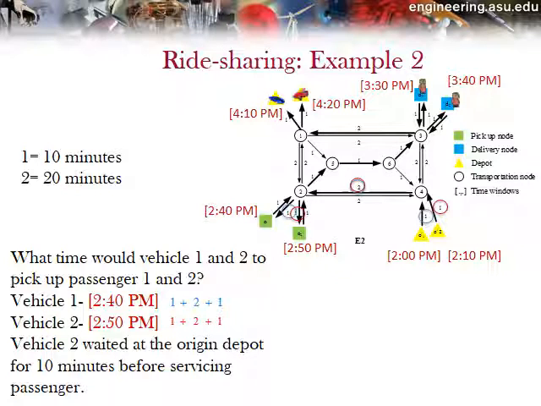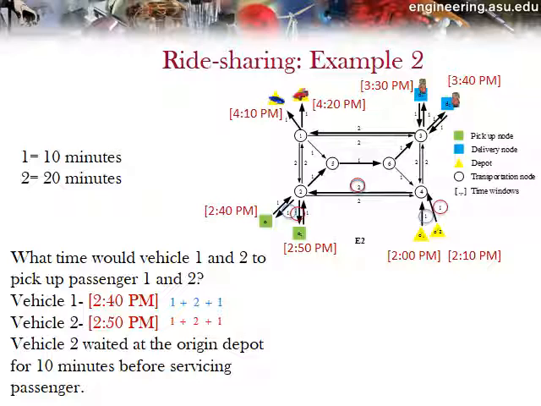Then both vehicles travel the same path. It traveled from the origin to node 4, which is 10 minutes, and from node 4 to node 2, which is 20 minutes, and from node 2 to the pickup node, which is another 10 minutes. So it takes 40 minutes for both vehicles to service this passenger.